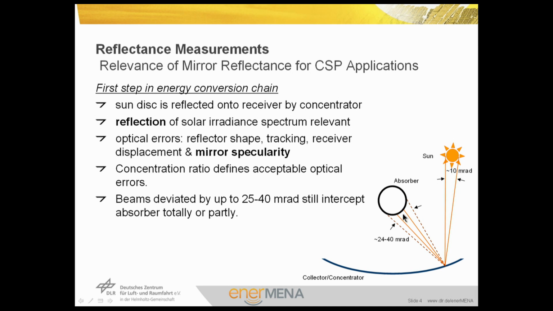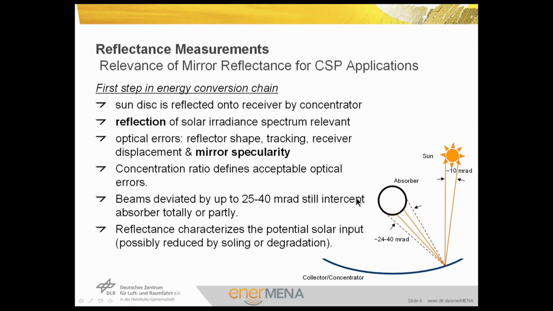So if the specular property of the mirror or any other errors in the mirror at this point lead to diversion of the beam direction that hits, for example, a little bit on the side, the sunlight still is absorbed by the absorber, and therefore we have a certain area of acceptance for error, which is called the acceptance angle. And in typical Eurotrough parabolic collector designs, this is between 25 and 40 milliradians total angle.